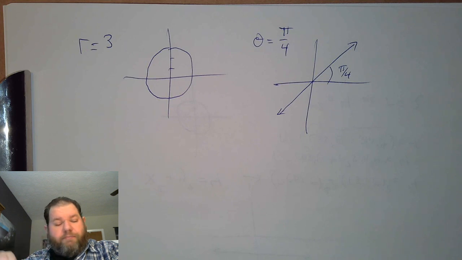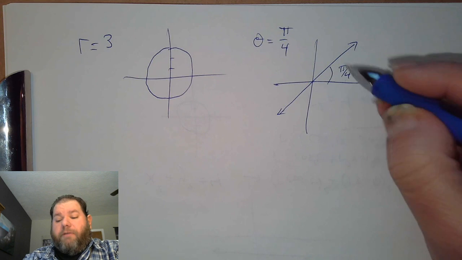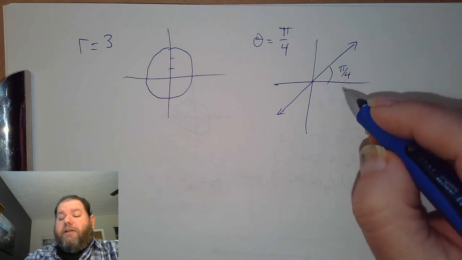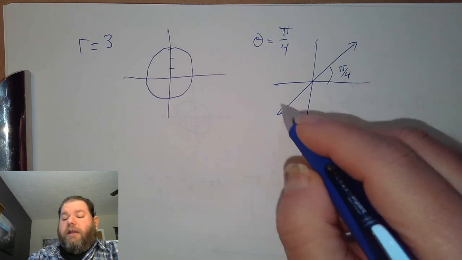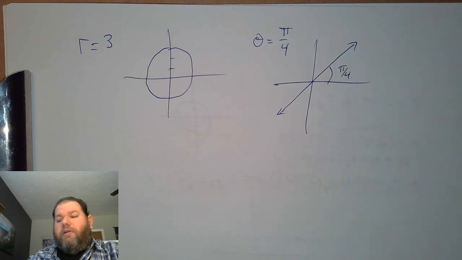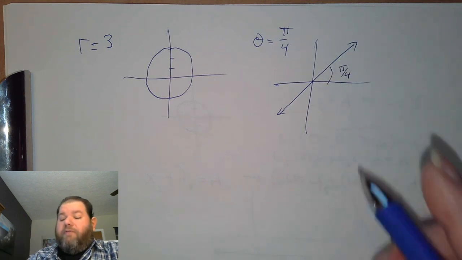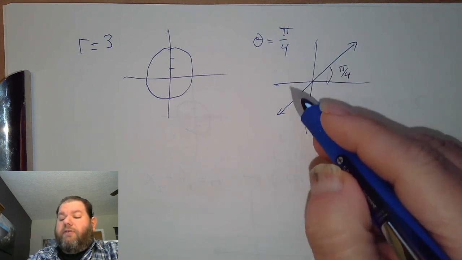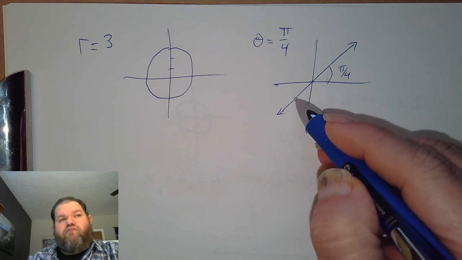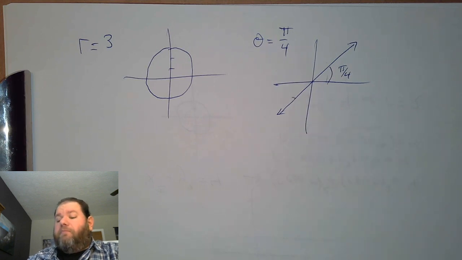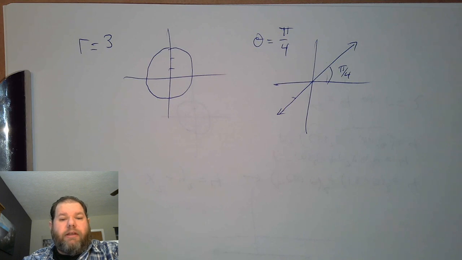We could add 2 pi to that, and this would also be 9 pi over 4. We could subtract it from the opposite direction, which would be negative 7 pi over 4. Or we could even go around to this angle, which is 5 pi over 4. All three of those describe the same line.